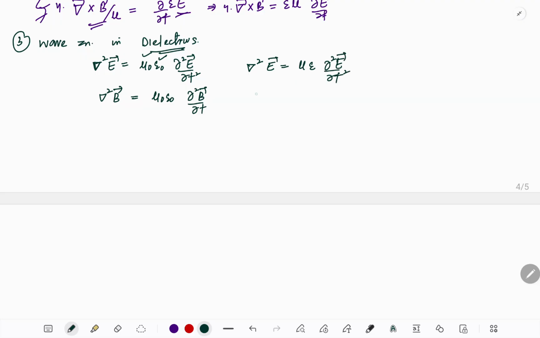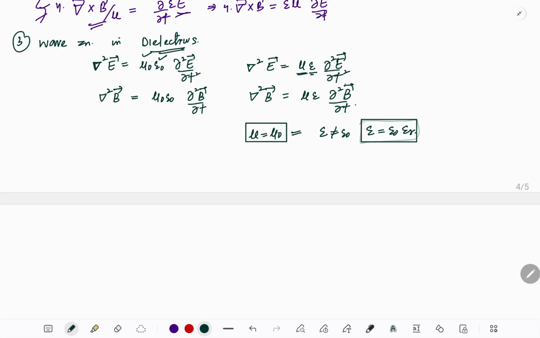But there is a very important thing that you should always remember, never get confused about this. If somebody tells you that here mu is mu 0, there is no problem, because the material is non-magnetic. Okay, what is epsilon? Epsilon is not equal to epsilon 0, but epsilon is epsilon 0 epsilon r.